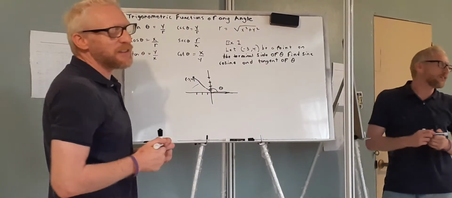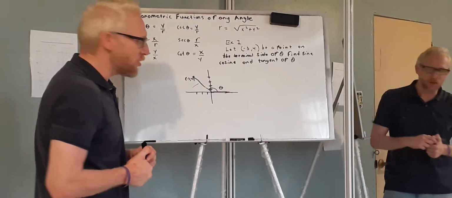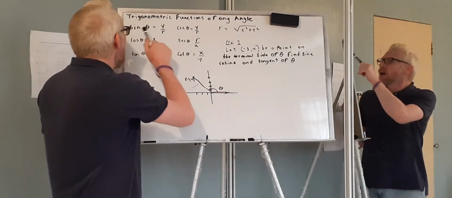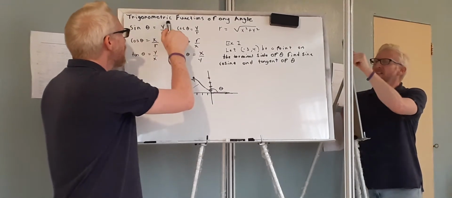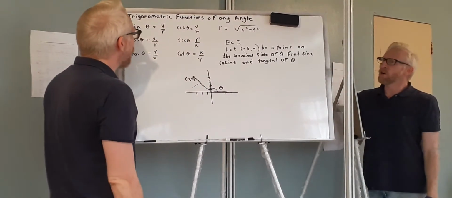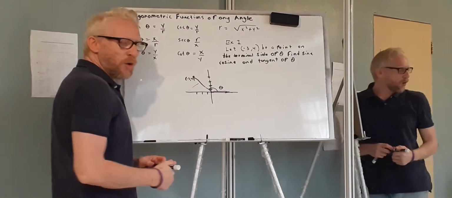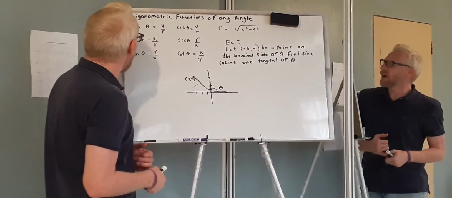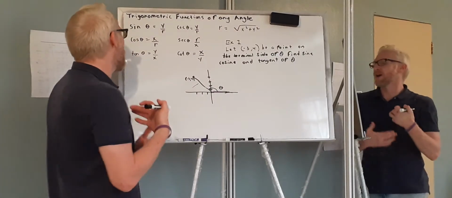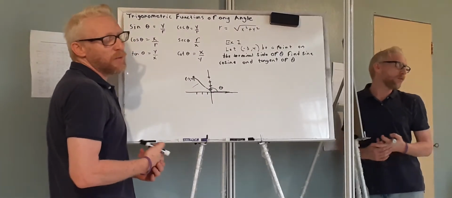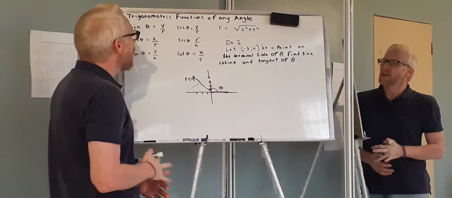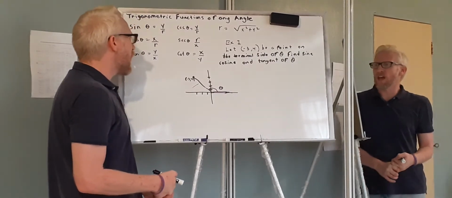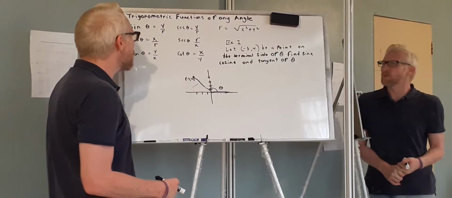Now they want us to find sine, cosine, and tangent. Here are the formulas: sine is y over r, where r, of course, represents the terminal side. Cosine is x over r, and tangent is y over x. Cotangent is x over y, and secant is r over x.